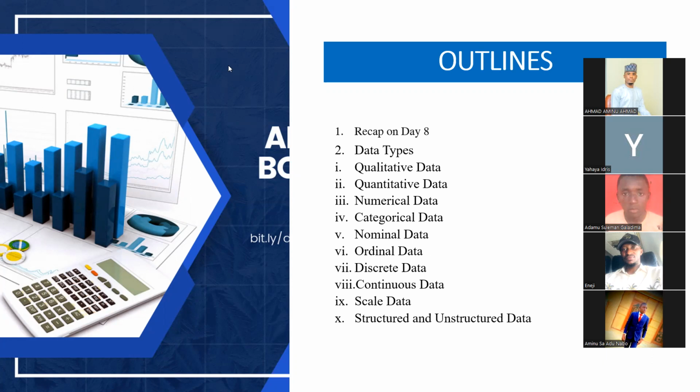So as a data analyst, understand what type of data you are dealing with. If, for example, you saw a data showing 1, 2, 3, 4, 5, maybe under qualification, 1 can stand for BSc, 2 can stand for HND, 3 can stand for ND, 4 can stand for OND, and 5 can stand for SSC.